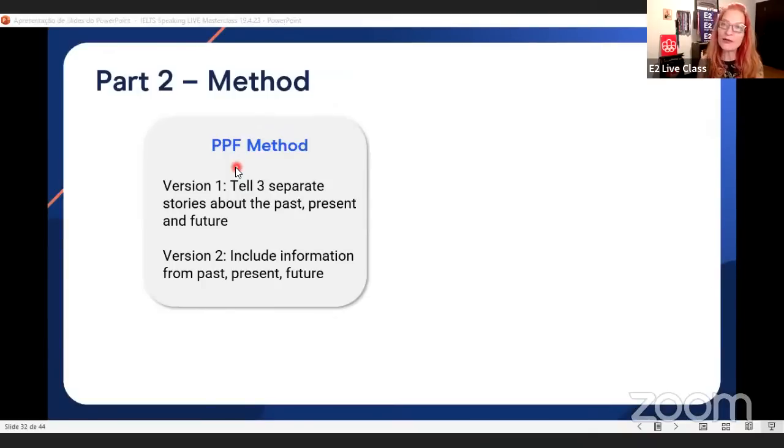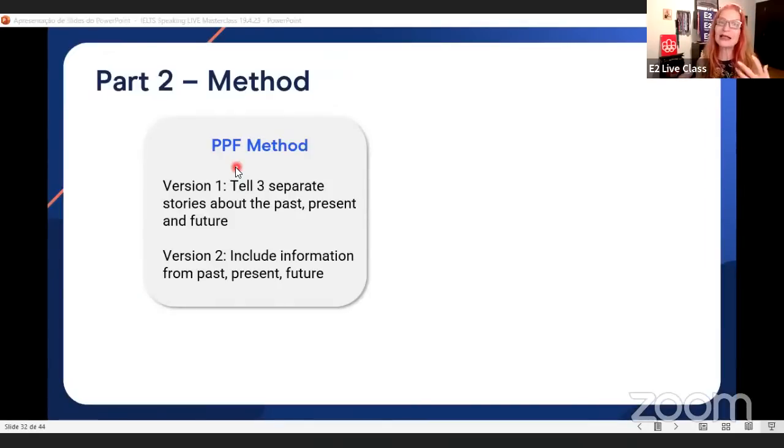In the PPF method, you can use two approaches, let's suppose. One, you tell 3 separate stories. And the other one, you take one story and you develop it through time. You should avoid standardized expressions such as in the past. So instead of saying in the past, say when I was a child or as a teenager.